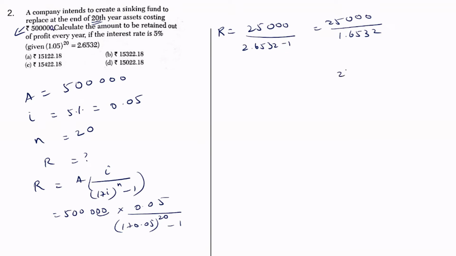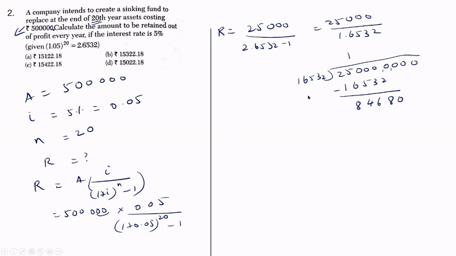So again dividing this will take time. To remove decimal point, adding 4 zeros. So 1 time 16532. When we subtract, we get 8468. Then bring the next 0 here. Here if we see 16, 16 5s are 80.